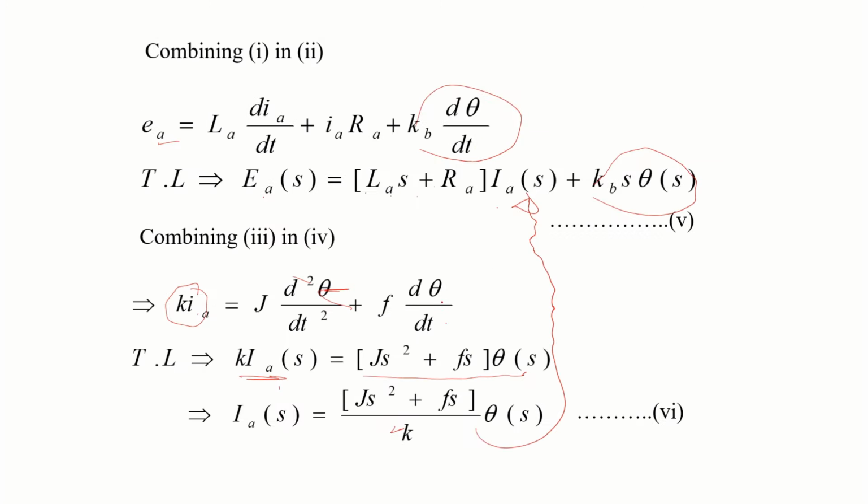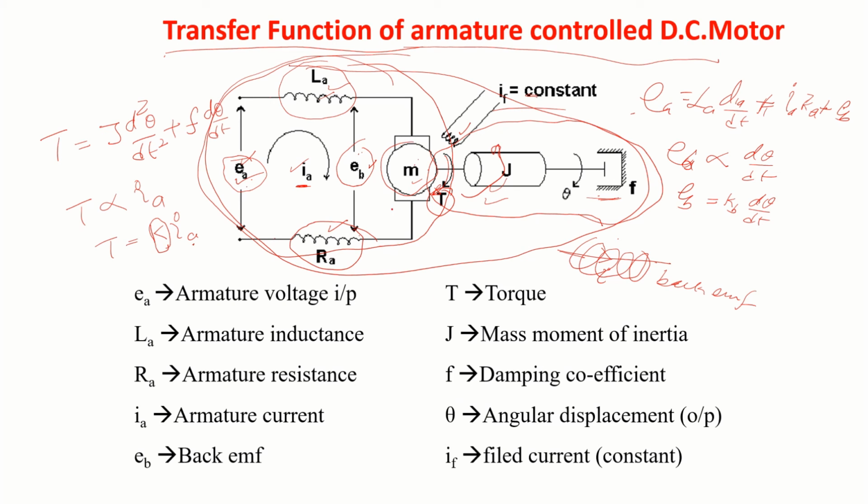If you have not understood, I'll just summarize. Write equation number 1 involving L, EB and RA. Second, establish the relationship between EB and theta, since EB depends upon the rate of cutting.